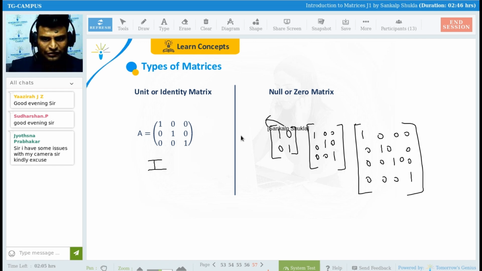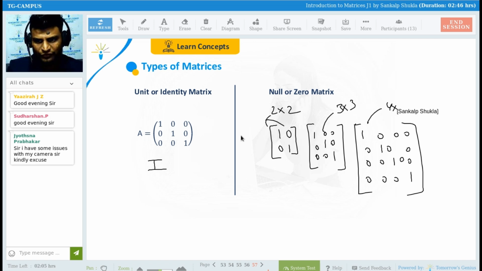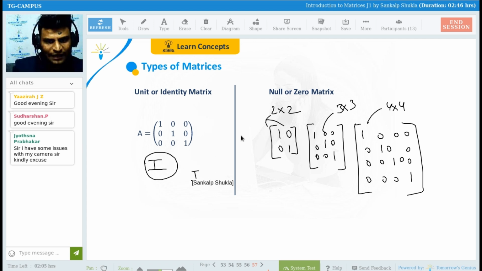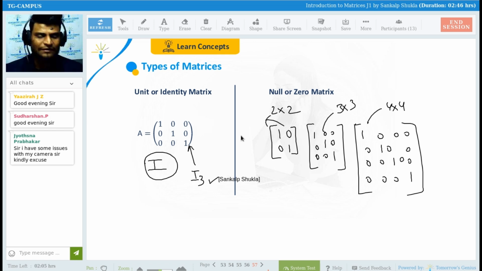So this is of 2 cross 2, this is of 3 cross 3, and this is of 4 cross 4. So instead of writing this I should write I3 for this. So this 3 will indicate what is the order of that matrix.